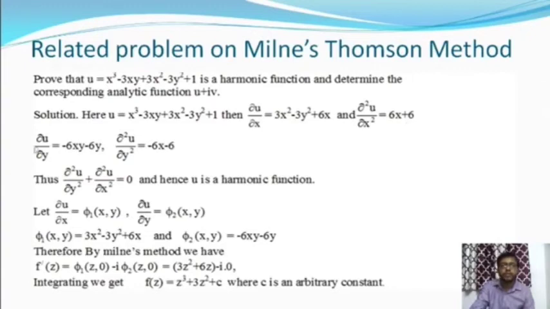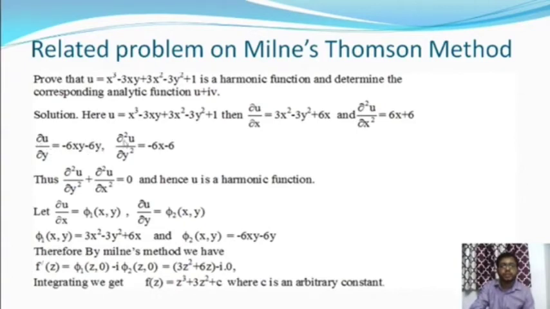And similarly we are going to find the derivative for the function u with respect to y. First of all we find del u del y. So del u del y is equal to minus 6xy minus 6y, where x is a constant term. This is the partial differentiation.